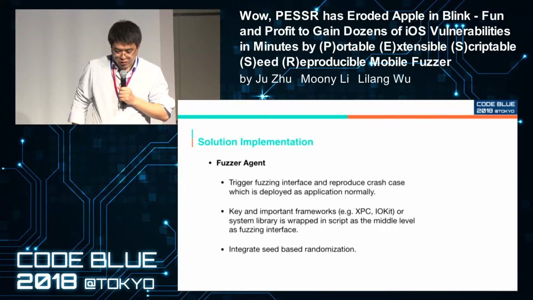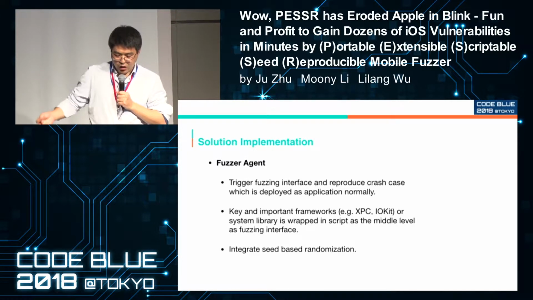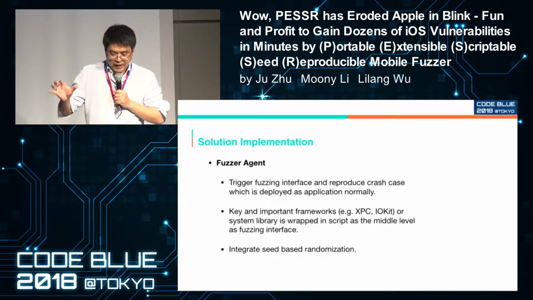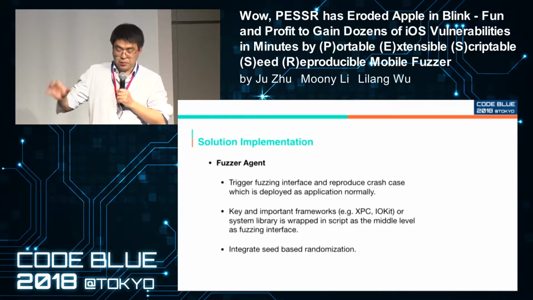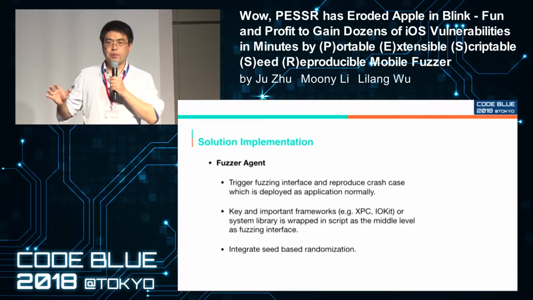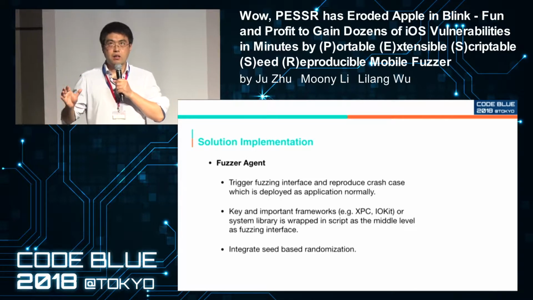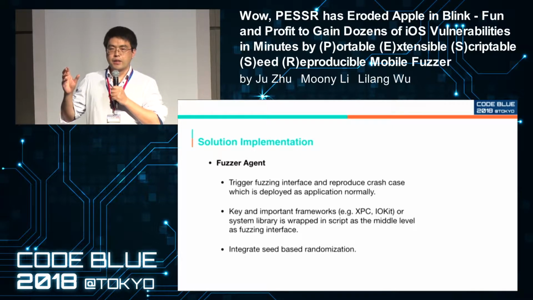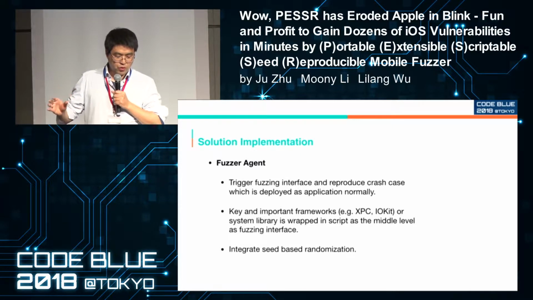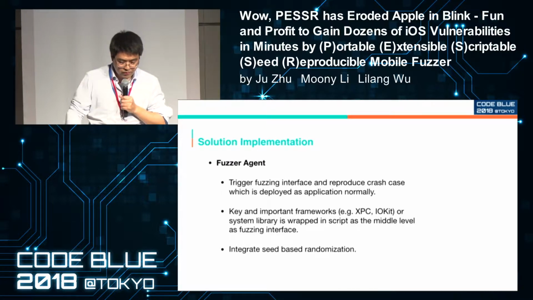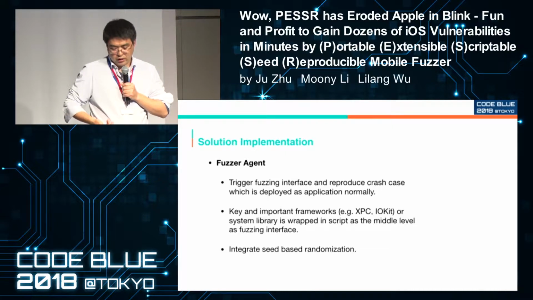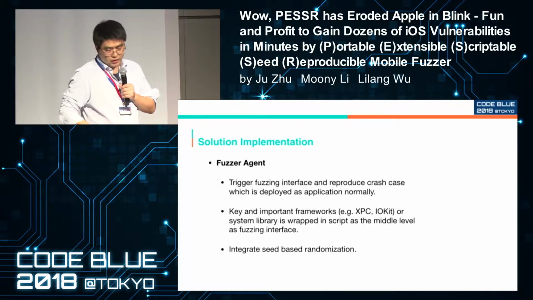The key important frameworks, for example XPC, IOKit, system calls, or the system library, we can all wrap in script, because it has no compile phase effort, so we can keep this kind of solution cross-platform. And we will also integrate our seed reproduction strategy in our fuzzing agent.